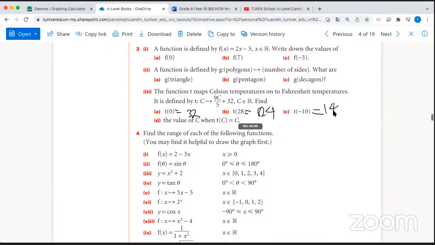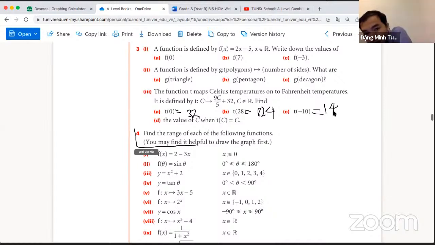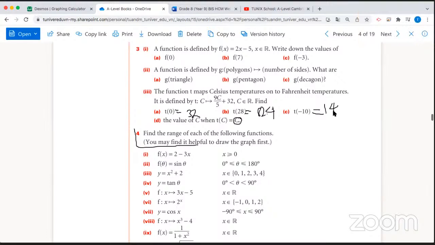So that is Fahrenheit equals Celsius. You can find out the value of C when T(C) equals C. C equals C? How do you solve it when they're the same? How do you solve a function?